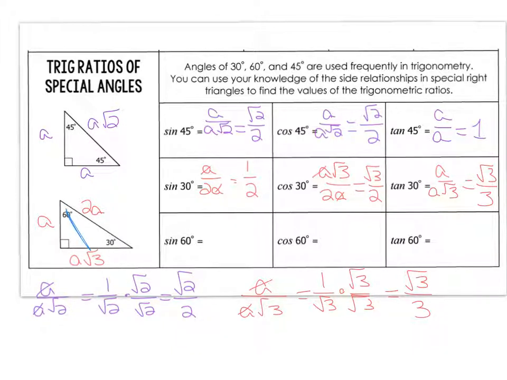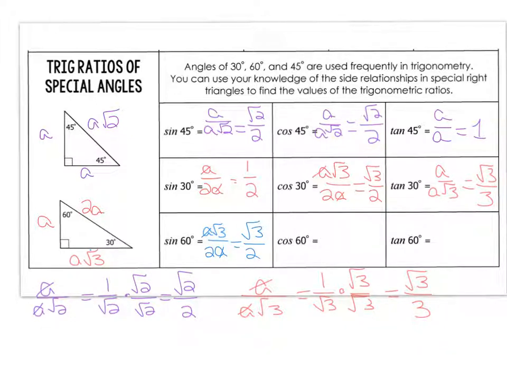Opposite 60 degrees is A root 3 over hypotenuse, that's 2A. Those A's cancel, and we get root 3 over 2.